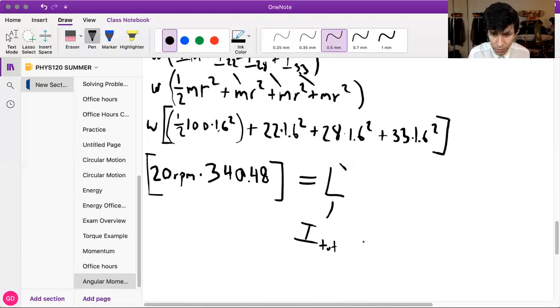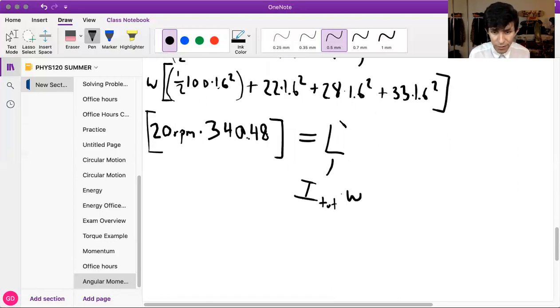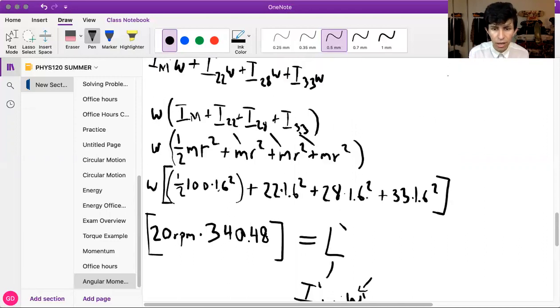I just need to figure out the 4 moments of inertia, and all of that's gonna be times omega. We're trying to solve for this one, omega prime.